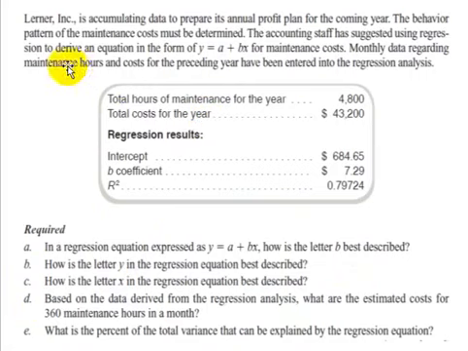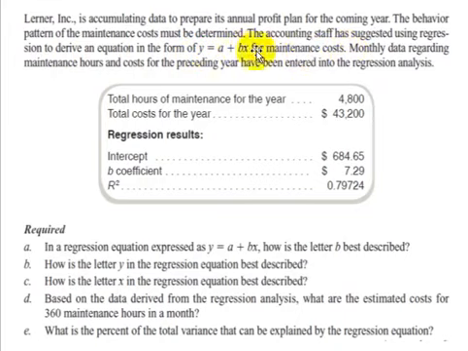Exercise 3. Learner Inc. is accumulating data to prepare its annual profit plan for the coming year. The behavior pattern of the maintenance costs must be determined. The accounting staff has suggested using regression to derive an equation in the form of y equals a plus b times x for maintenance cost.